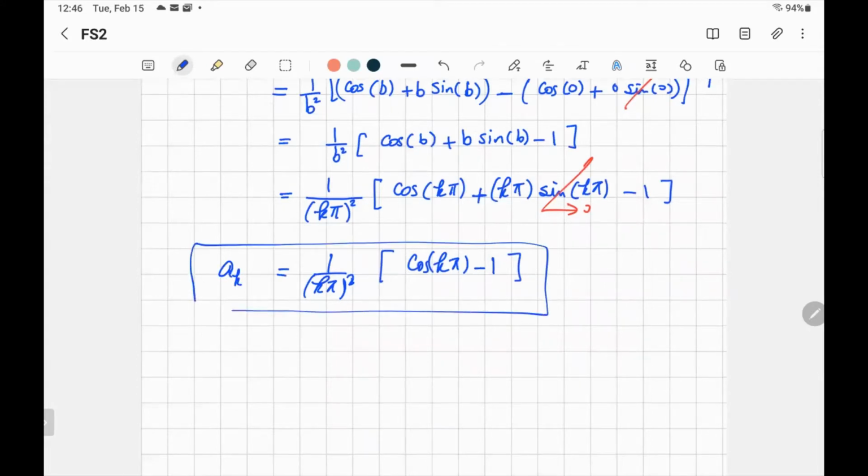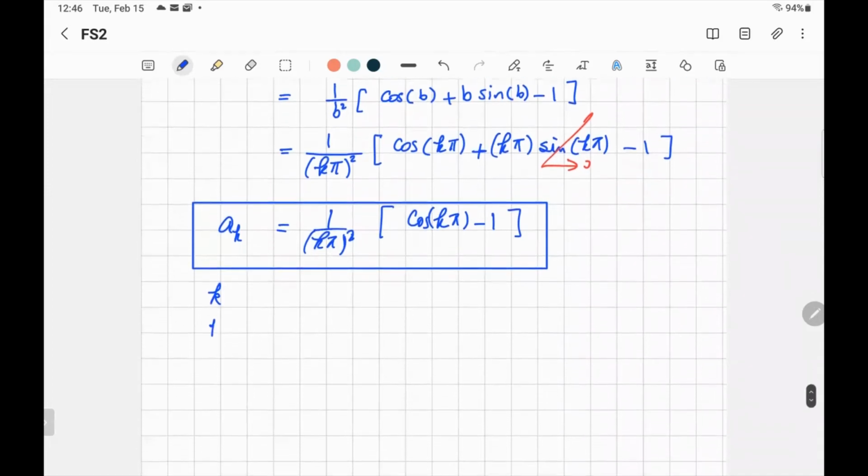That's the right formula, but you can still get some numerical values for different k. For example, when k equal 1, you will have cosine pi minus 1.